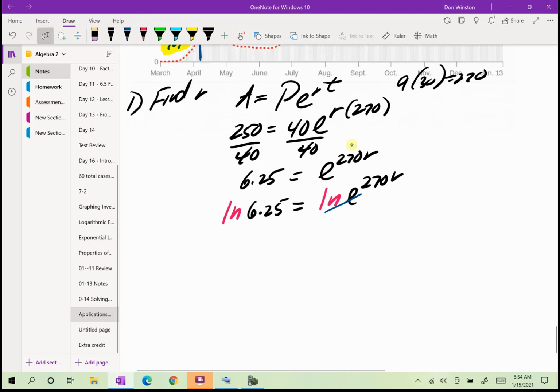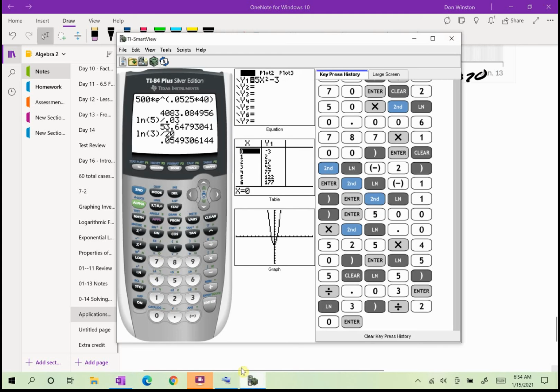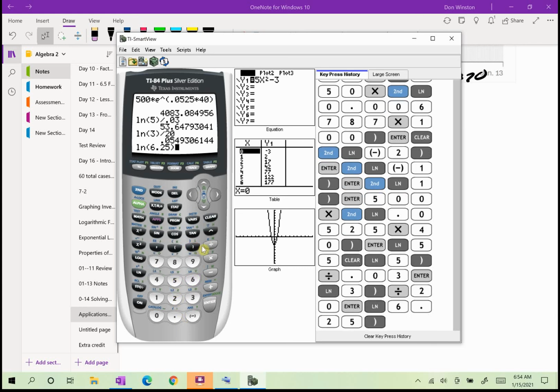So now I have the natural log of 6.25 equals 270r. If I divide by 270, let's do that with the calculator. Natural log of 6.25 divided by 270.